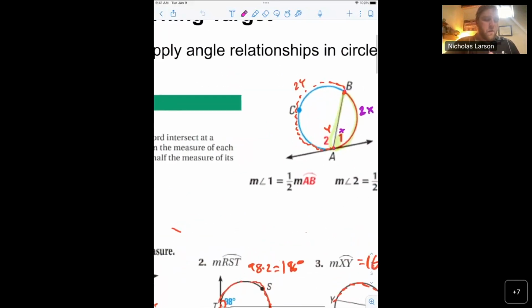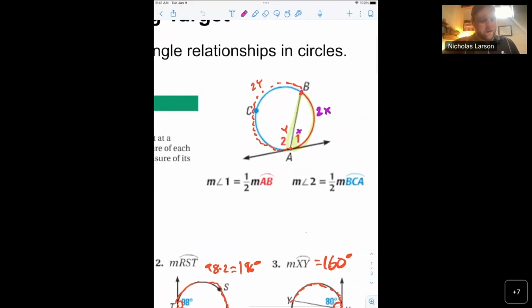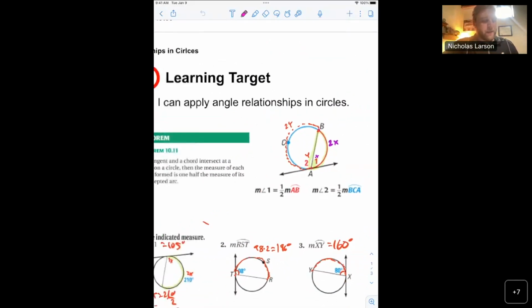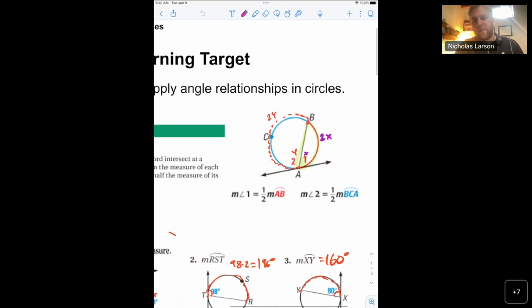So if I look at angle 1, that's going to be half as large as AB, and that's highlighted in green. If I look at angle 2, that's like the dotted line over here. Angle 2 is going to be half as large as the major arc BCA. So jot these down, write this down, so as we get into our practice, you've got something to reference.